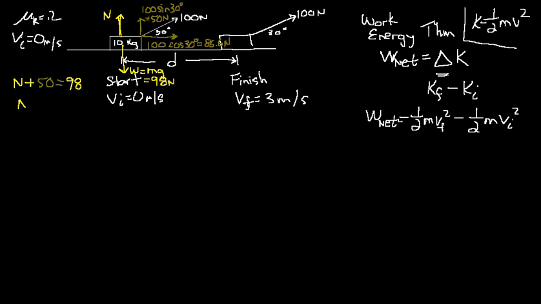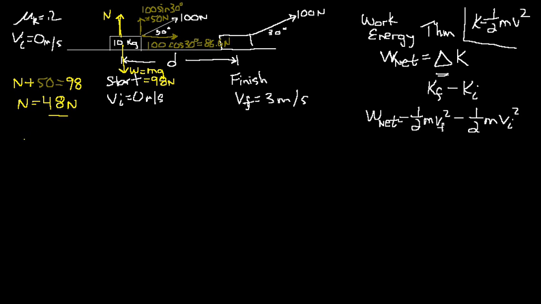So in this case, the normal force is not 98 newtons, it's actually 48 newtons from this equation. The two forces, the normal up plus the 50 up, have to equal the 98. So when we do that, we solve for the normal force.